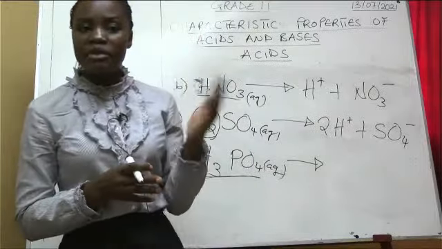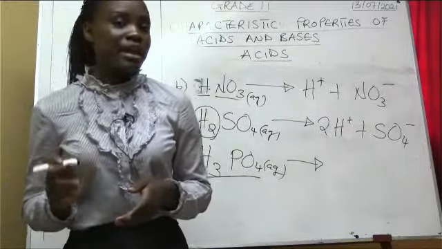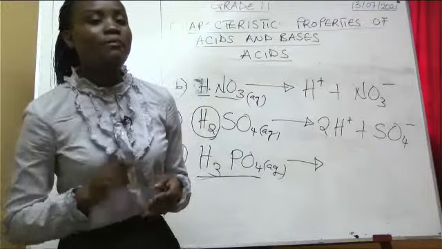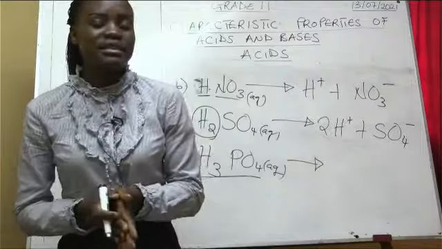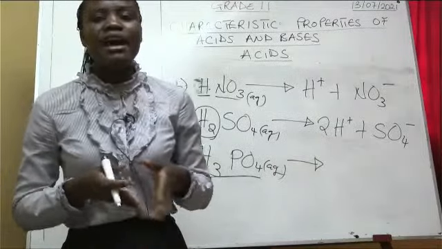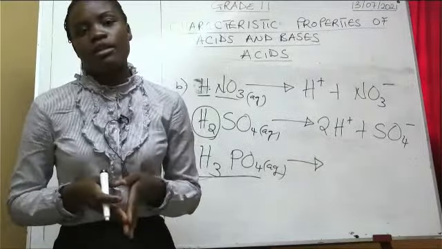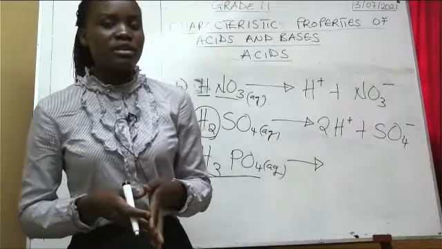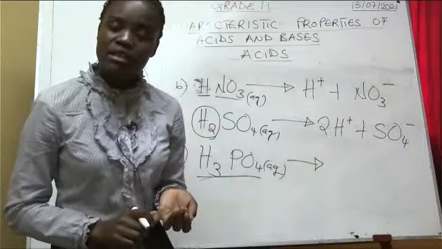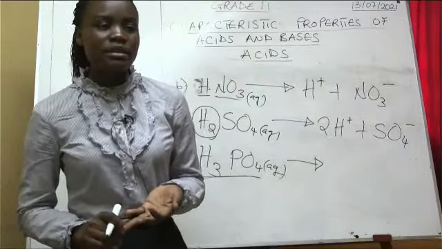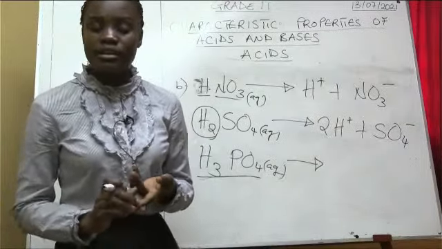We looked at the types of acids. We said there are mineral acids, also called inorganic acids. We also have organic acids. We defined mineral acids as these acids that are prepared from the earth. They are prepared from the earth minerals. So examples, we mentioned of hydrochloric acid, sulfuric acid, nitric acid, and phosphoric acids.